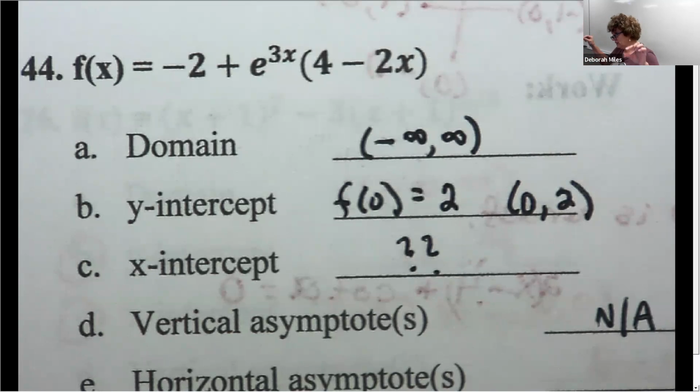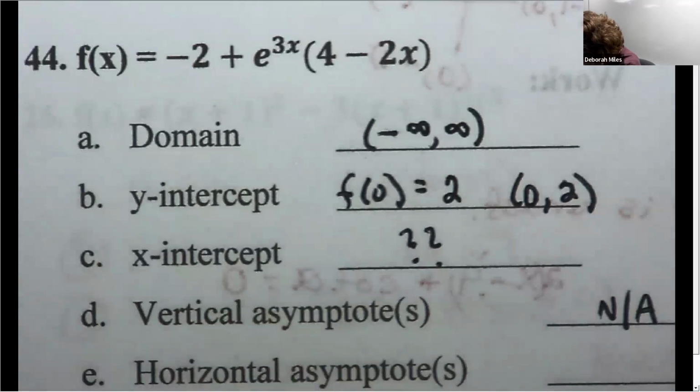The definition of horizontal asymptote is that y value that the graph approaches as x goes either to what? Negative infinity or positive infinity. It's a y value that y approaches as x goes either forever to the left or forever to the right.